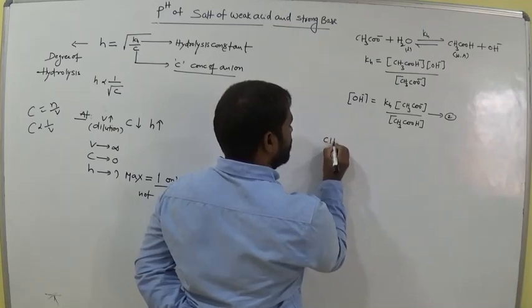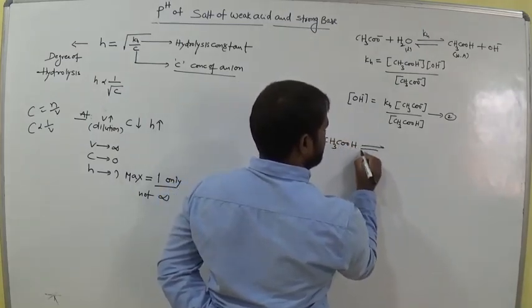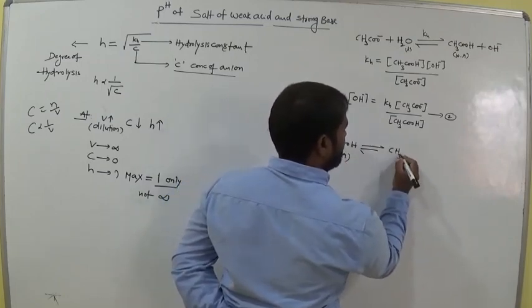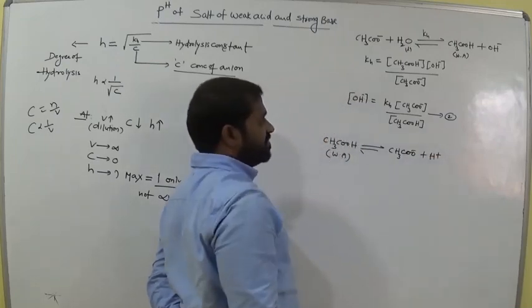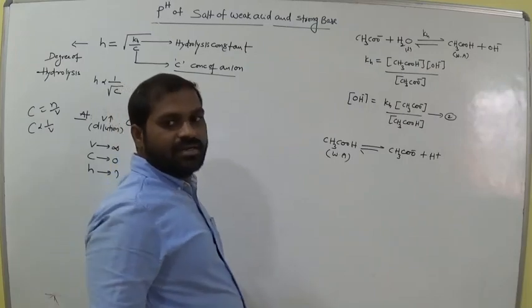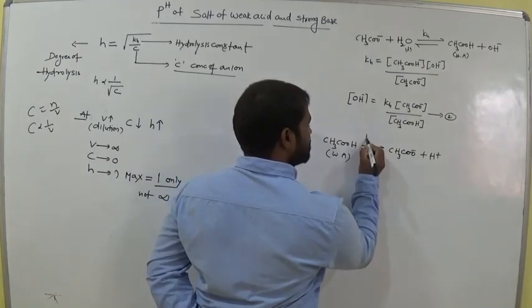Now how does it undergo dissociation? CH3COOH is ionized, which is a weak acid, into CH3COO minus and H plus, am I right? This is the weak acid, clear? Is it okay? Now what is the constant here?